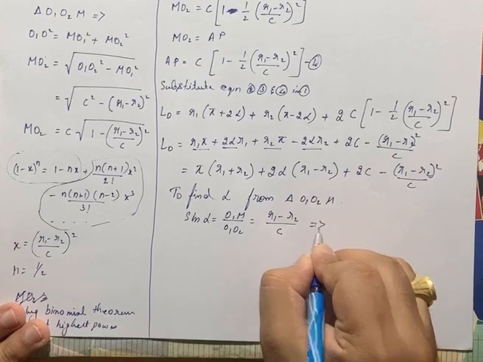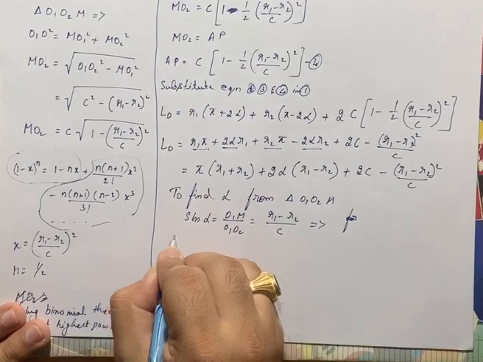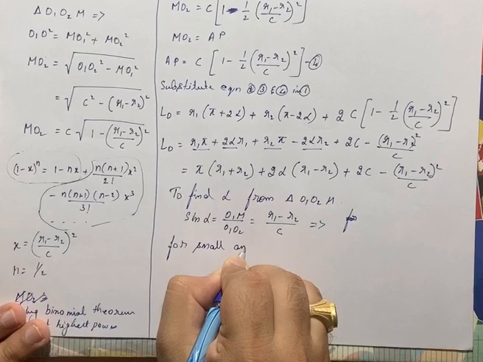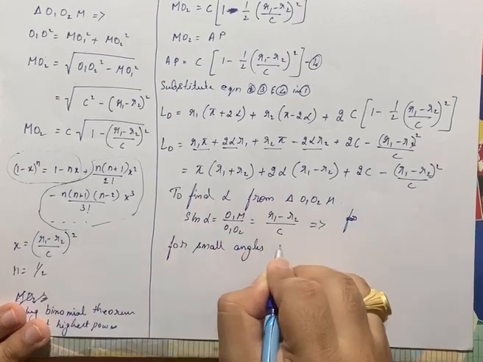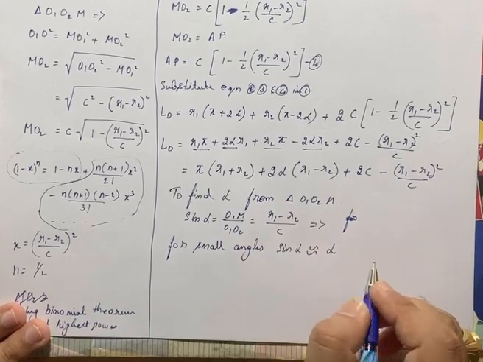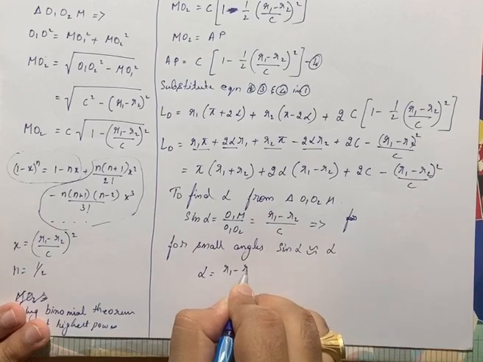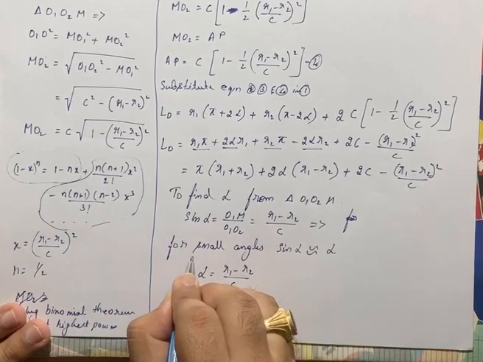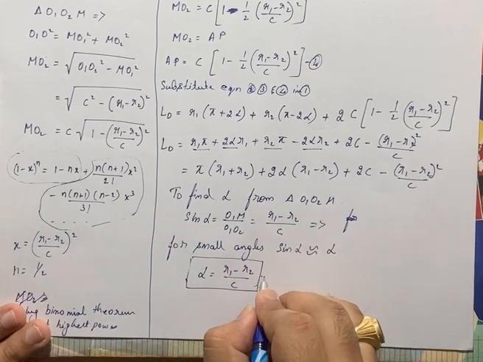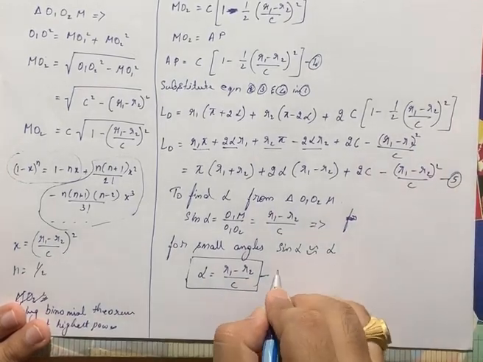So for small angles, sine alpha is approximately equal to alpha here. So I will write alpha is equal to (R1 minus R2) by C. Call this equation number 6, and the earlier one equation number 5.